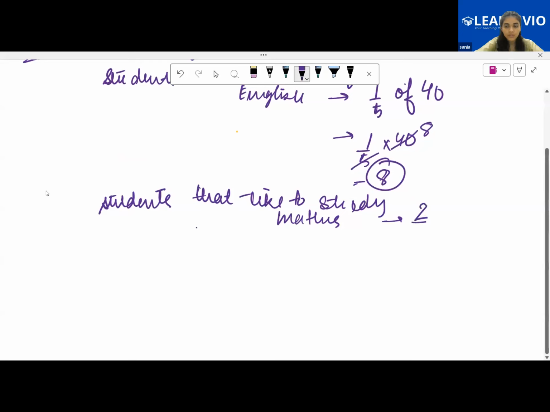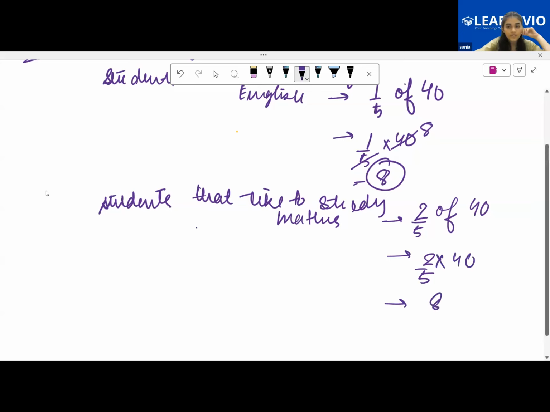Multiplication. 2 by 5 of 40. How will you solve this thing? First, we have to multiply the numerator by 40. So then it'll be 80 by 5. First of all, you have to remove 'of' and write down multiply. This is the first step. Now you solve further.